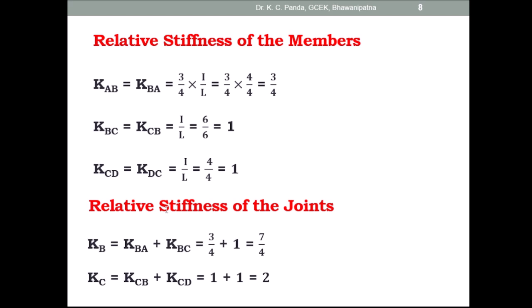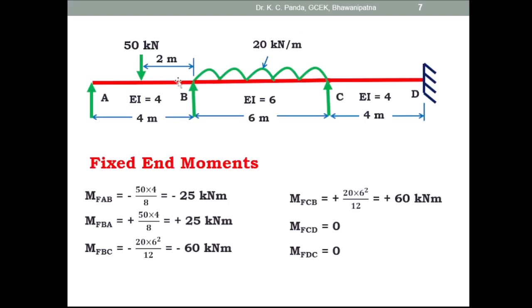Then find out the relative stiffness of the joints. Support B is one joint and support C is another joint. At support B two members meet, that is BA and BC. Find out the relative stiffness of the joint B, that is KB is equal to KBA plus KBC. Similarly, to find out the relative stiffness of the joint C, KC, you have to take the relative stiffness of the CB member and CD member.